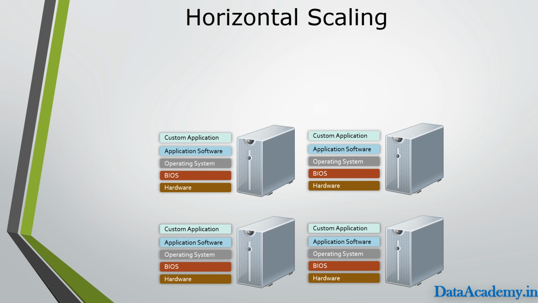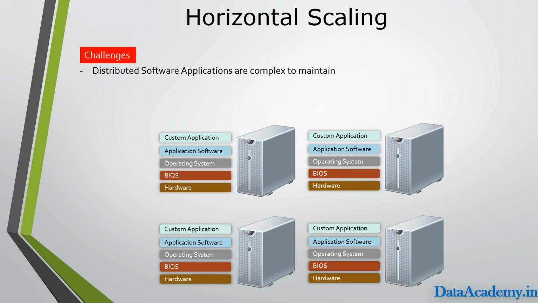So the next best thing I can do is create another server, right? So here you can see I started with one system, but now I have 4 systems, and in each system I have installed all of this hardware, BIOS, operating system, application, and custom application, right?